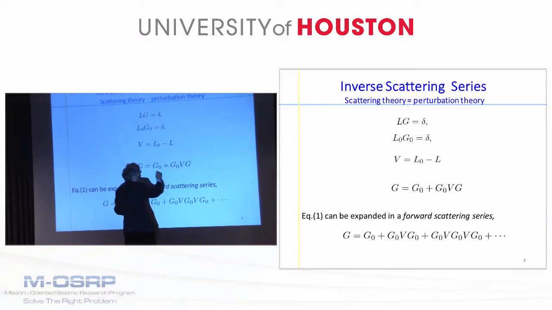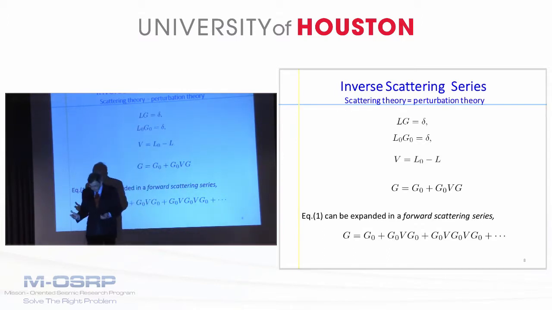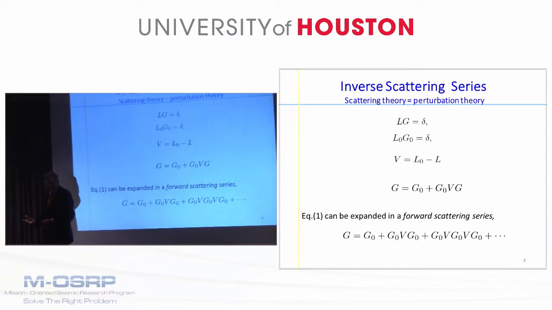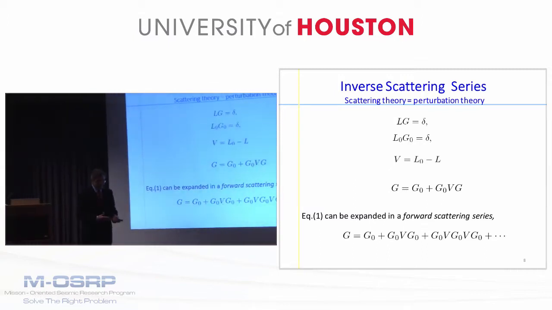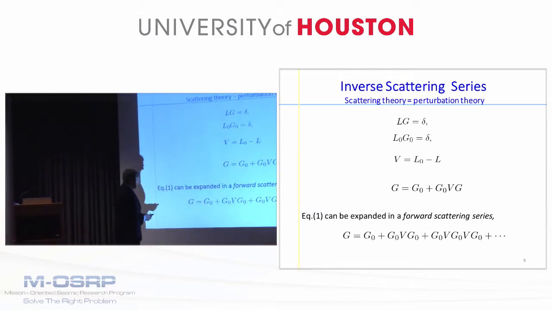Let me put this thing in for the first approximation for G. That's called the Born approximation, okay, right there. The forward Born, the inverse, okay?